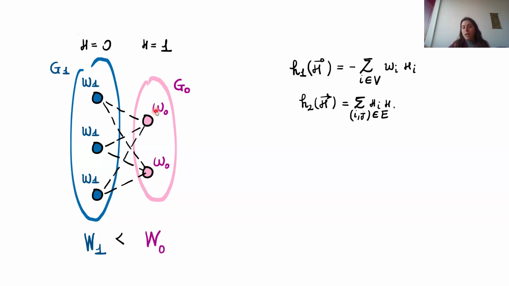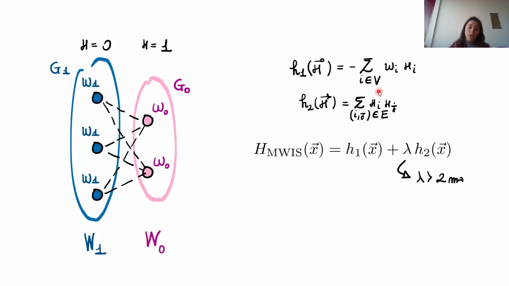This cost function has to take into account the fact that each node has its own weight, but also the fact that we want to penalize the connection between two neighboring nodes. So the final cost function that we want to minimize is the H1 Hamiltonian with a constraint, which is represented by the Hamiltonian H2. Lambda is a Lagrange multiplier that can be set according to how much we want to penalize the connection between the neighboring nodes.